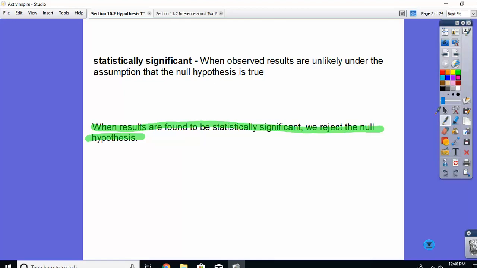But if you were trying to figure out if a new drug was successful at stopping a stroke, would you want a 10% chance that that was wrong? Not really. So you have to look at the situation to decide what is significant or not. For now, I'm just going to be telling you alpha is 0.1, alpha is 0.01, or whatever. And that is the level that we will be using.